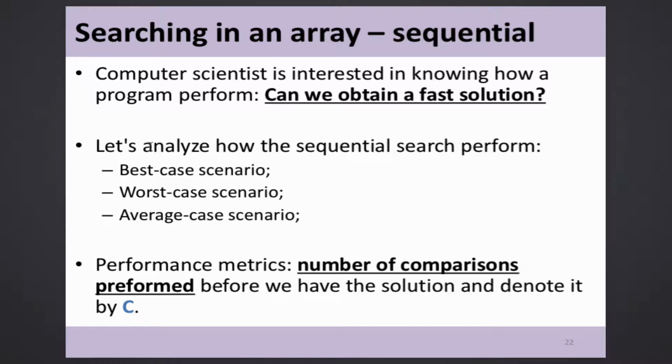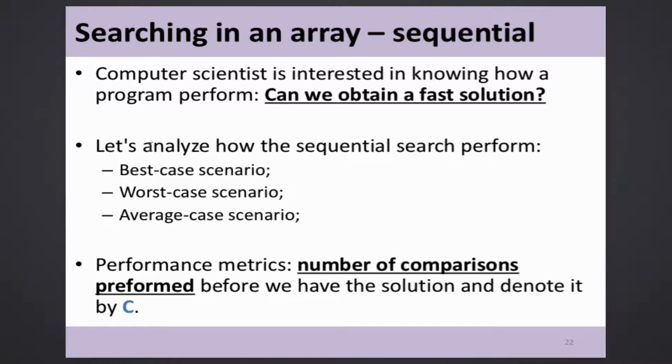A faster algorithm to look for a particular array item. Before I tell you why algorithm A is faster than algorithm B, we have to analyze an algorithm first. And how do we analyze the algorithm? Here, what we are looking for is how many comparisons are needed before we can determine my target is at a particular location.